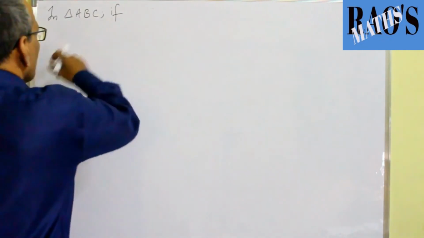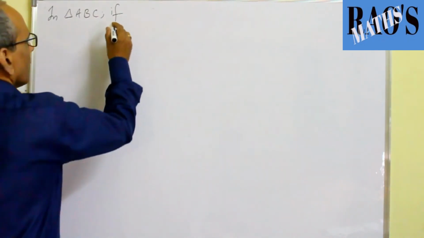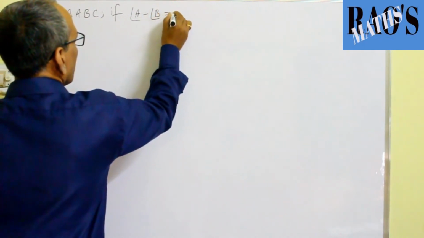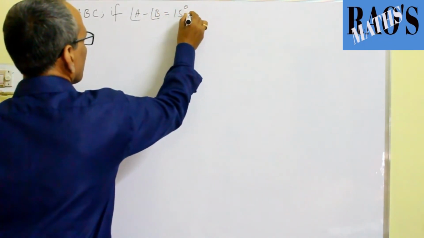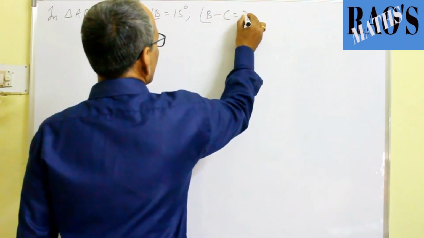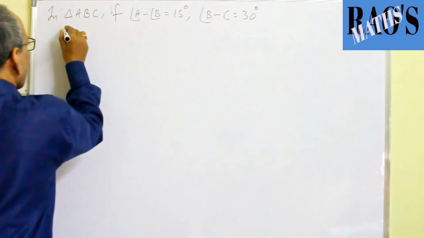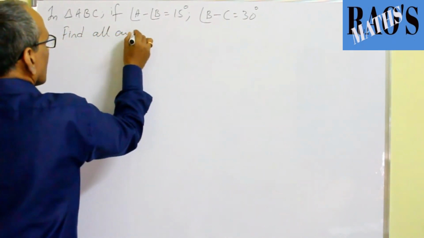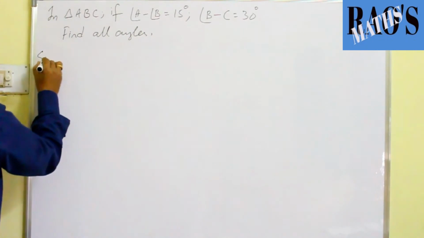In this question, in triangle ABC, if angle A minus angle B is 15 degrees and angle B minus angle C is 30 degrees, find all the angles. Okay. Solution.